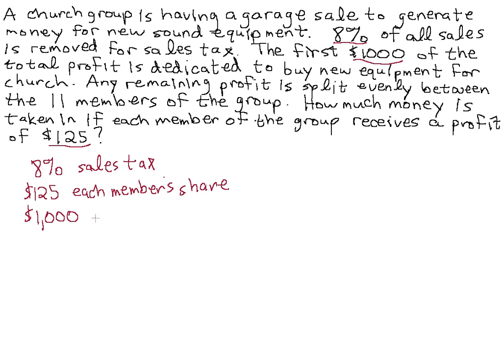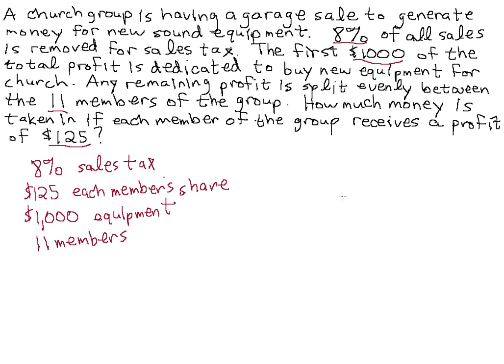So $1,000 for equipment. Okay. What else do we need to know? Well, we need to know that there's 11 members. So we have 11 members putting on this sale.